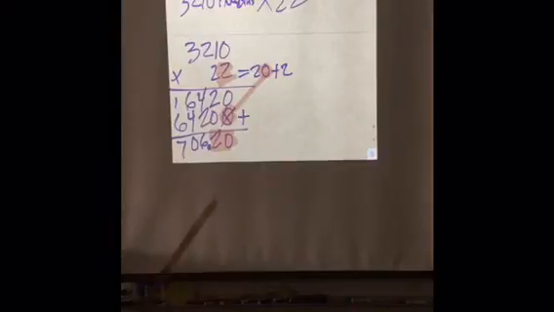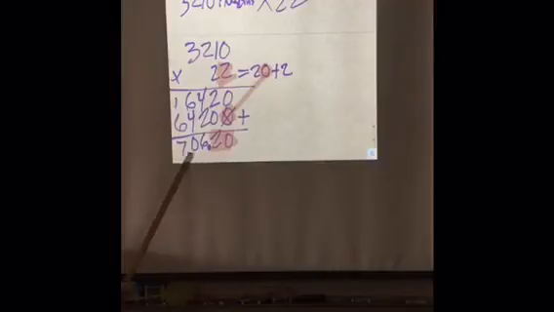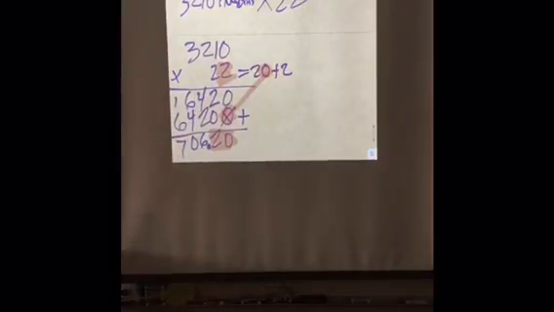So, can someone tell me what this is in words? 706 and 20 hundredths. Right. Does that make sense? Now, is that a lot easier to multiply this without your decimal? Yes. It doesn't freak you out, does it? Nope. But when I put that decimal in there, it just bothers you, doesn't it? Yep.